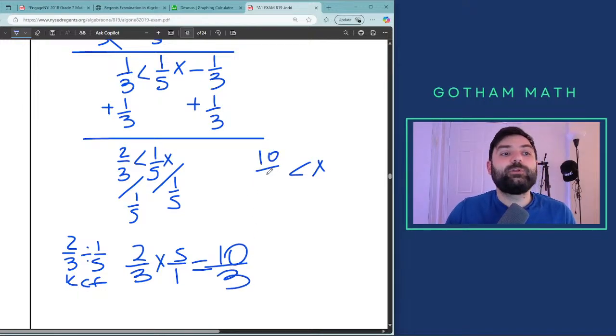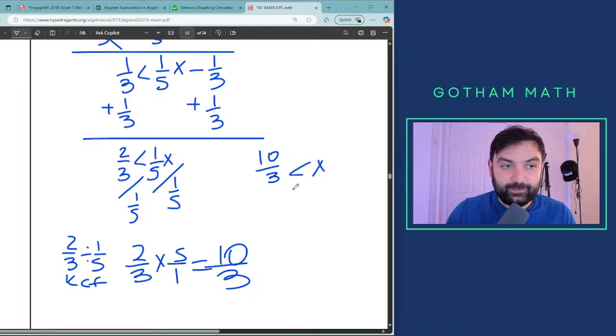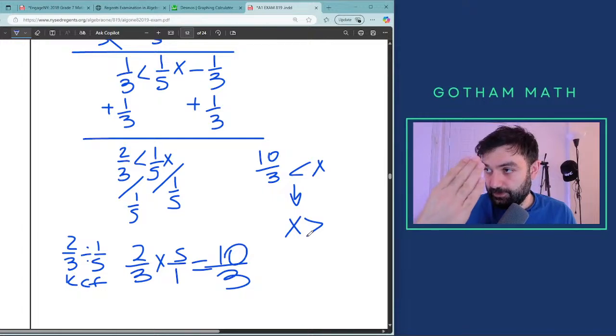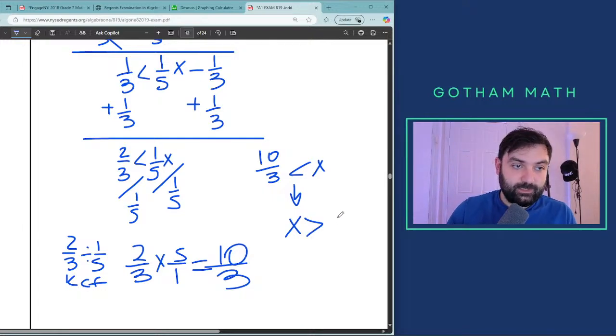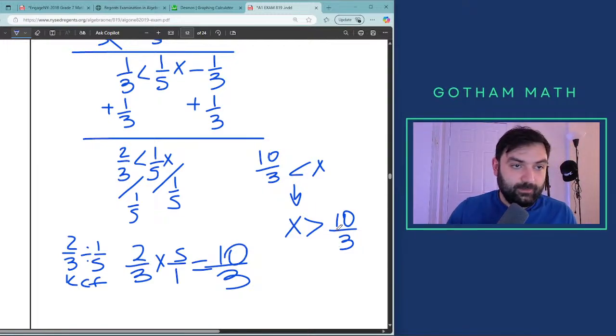And I think we can keep it like that, but this can also be rewritten as x first, then greater, the open jaw towards the x, and 10/3. Either way is fine. This is it.